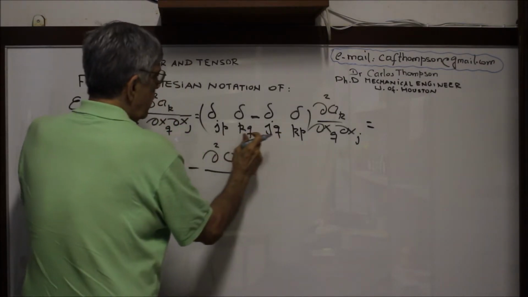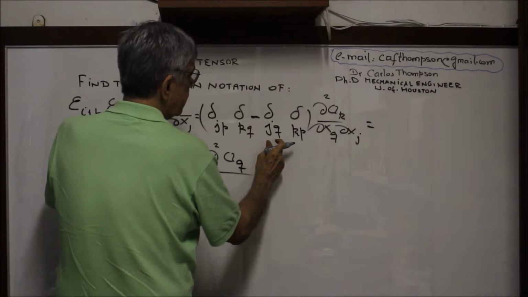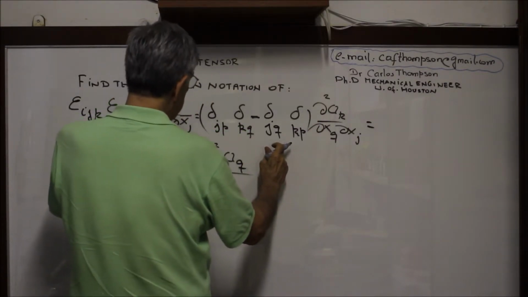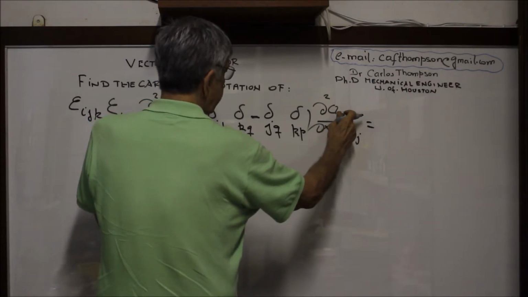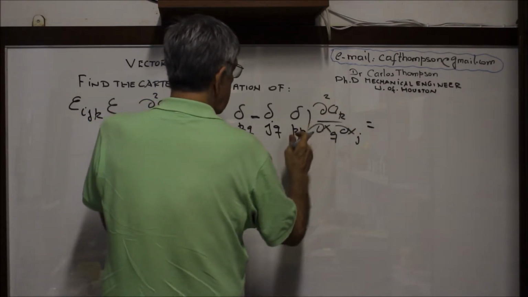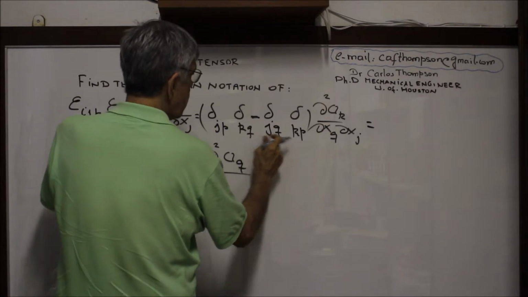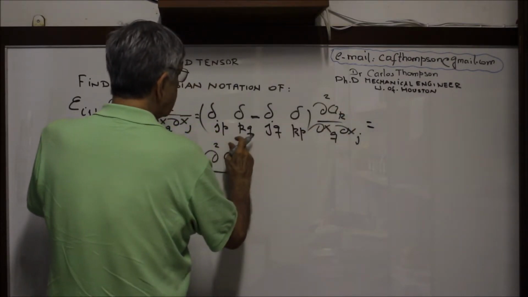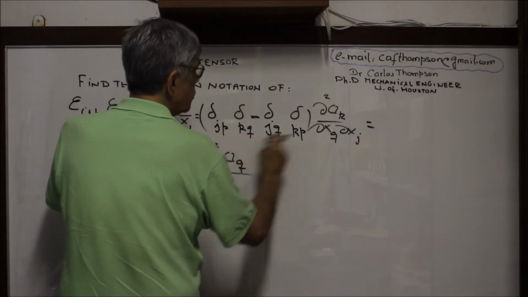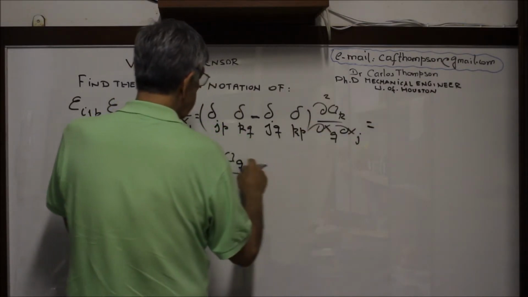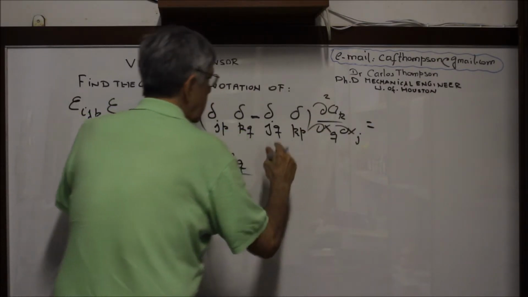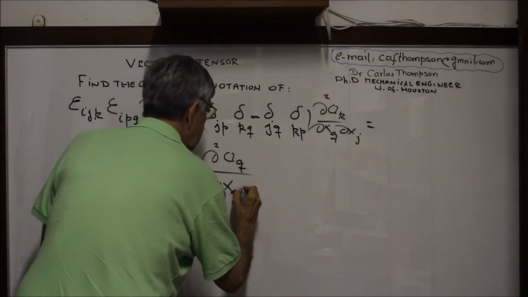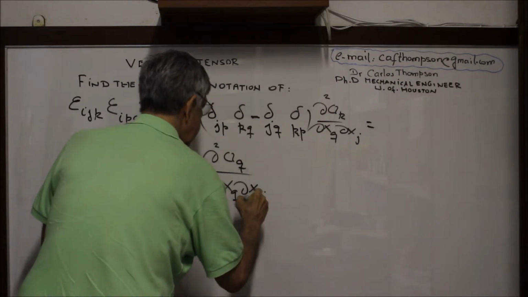See, look, delta jk, I remove j and put k. Now delta kq, see, I remove k and put q, and then x q, x j.